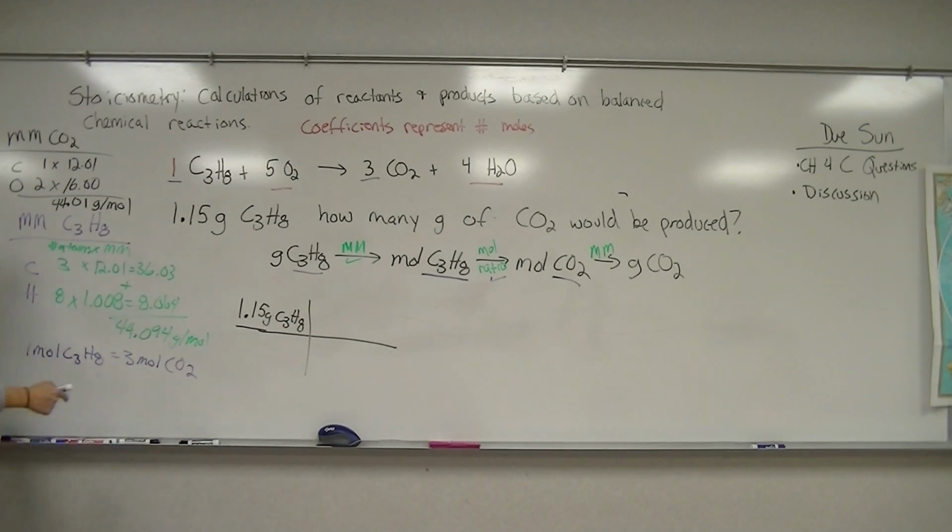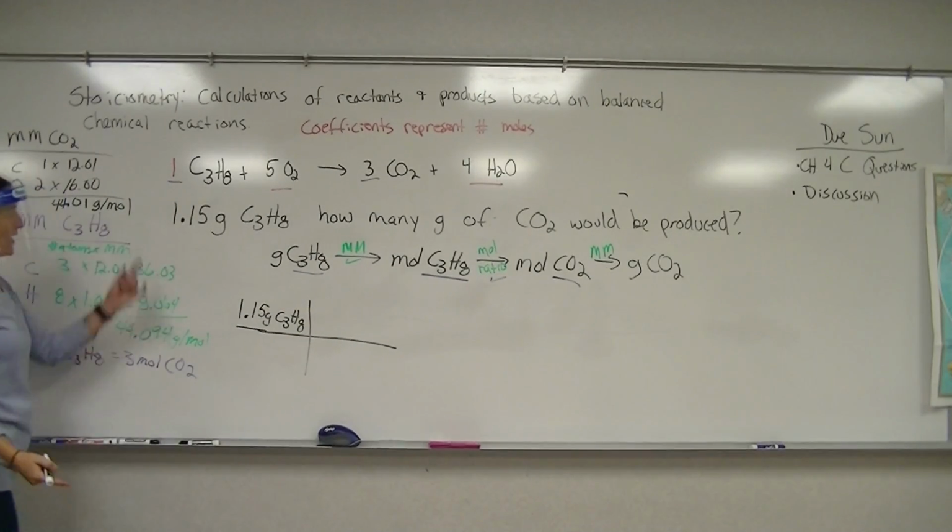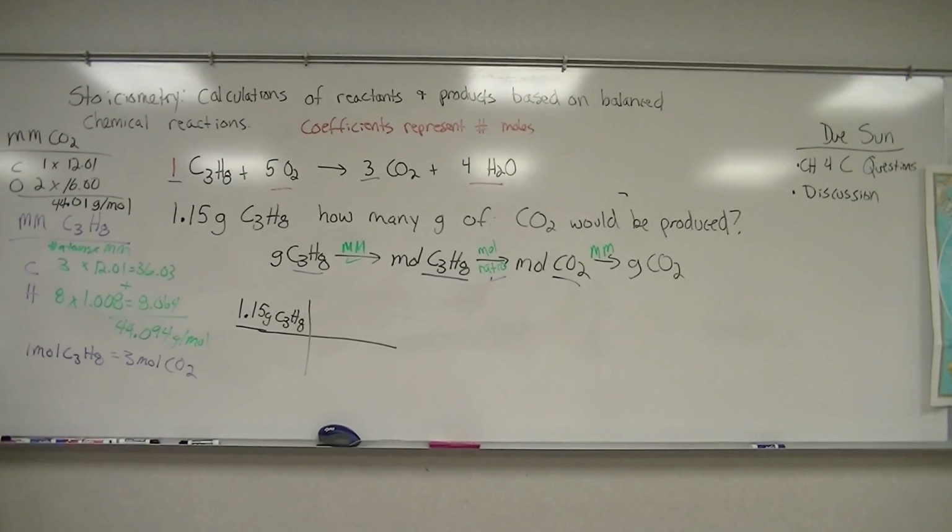The first step is to get to moles of C3H8 so that I can compare using the balanced equation. To do that, I'm using the molar mass, in green here, of C3H8. Now remember, this is a conversion factor. It's grams equal to 1 mole.